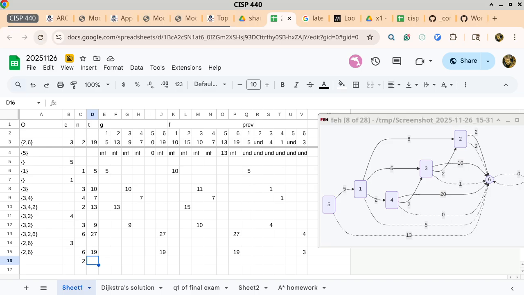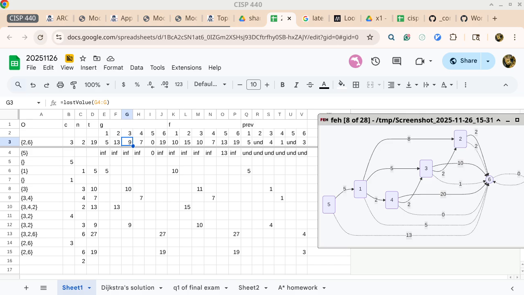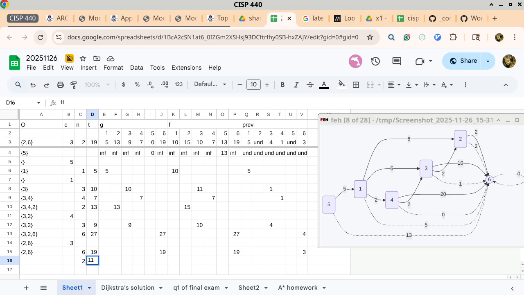So now we are asking, if we are to go from the start vertex through vertex 3 to vertex 2, what is the length of that path? G of 3 is a 9, and then we add the 9 to the 2, so that would be 11. All right. So the question is, did I just find a shorter path to vertex 2?